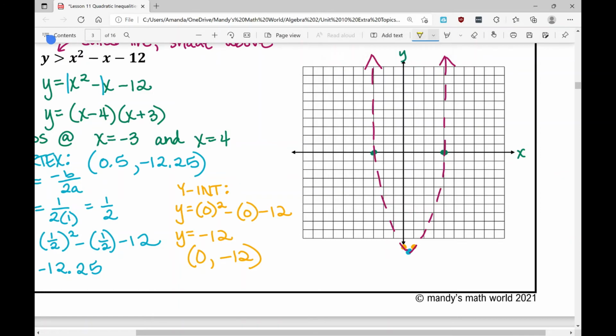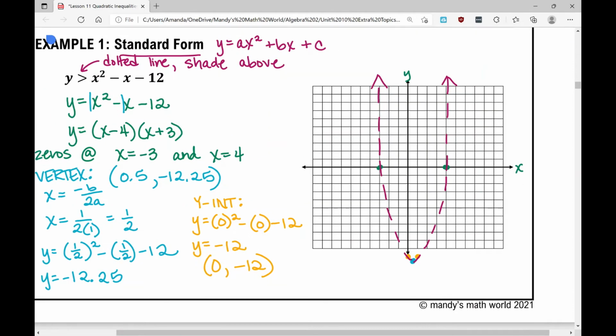I'm going to shade above for greater than and below for less than. This is a greater than symbol, which means I'm going to shade above. So I say to put your pencil on that quadratic and go up, which means it's going to look like this. There's where y is greater than this quadratic, this boundary line, x squared minus x minus 12.